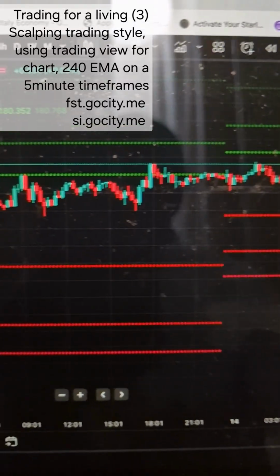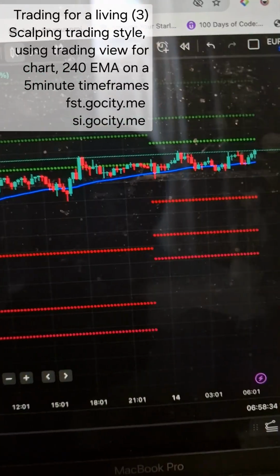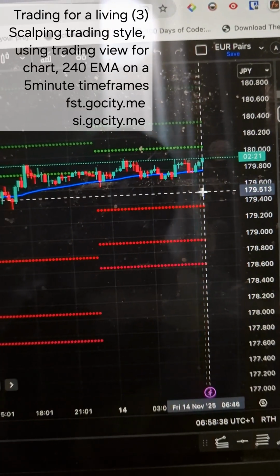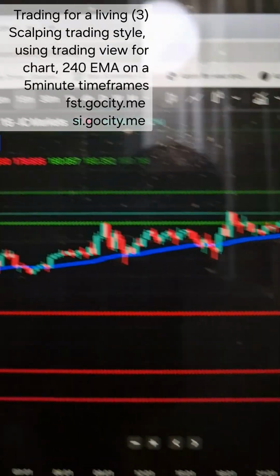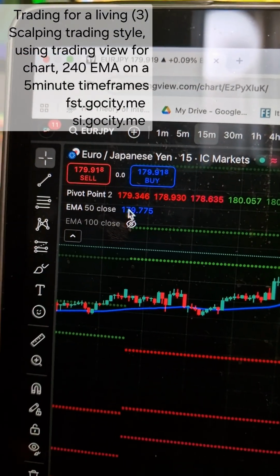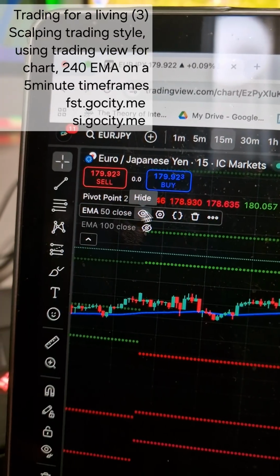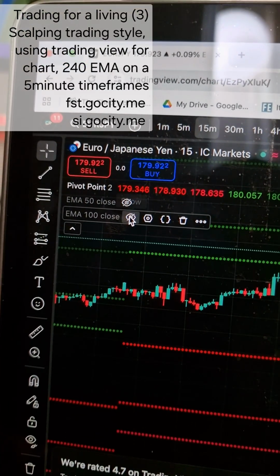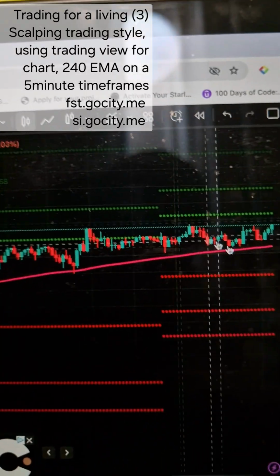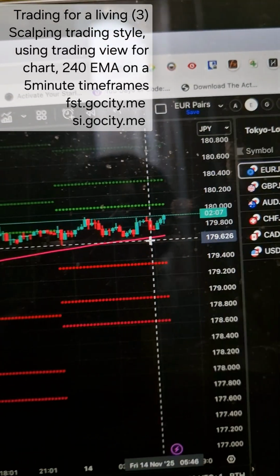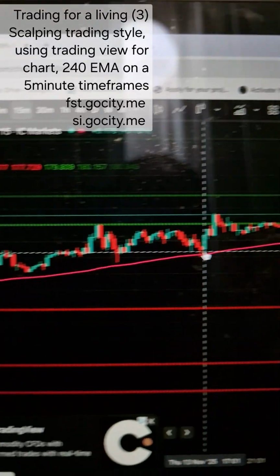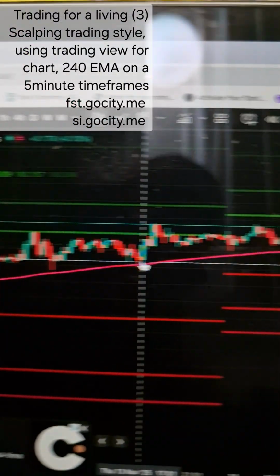If I add the 50-day moving average, you can see that it's not clear enough, and if I take it back and click on the 100-day moving average, you can see that it has a very good support line, which is good for Skyping.